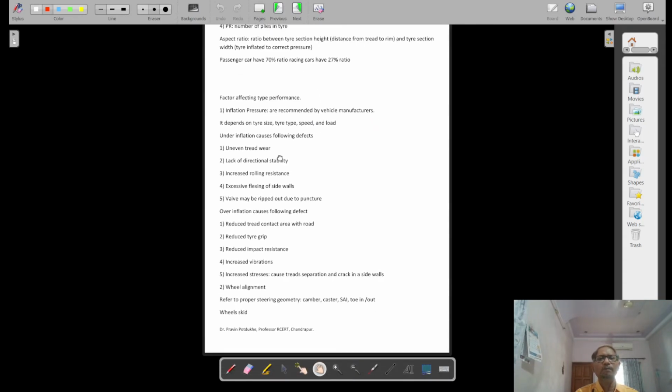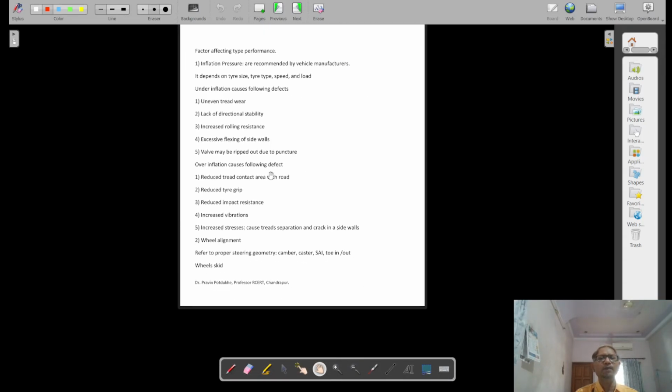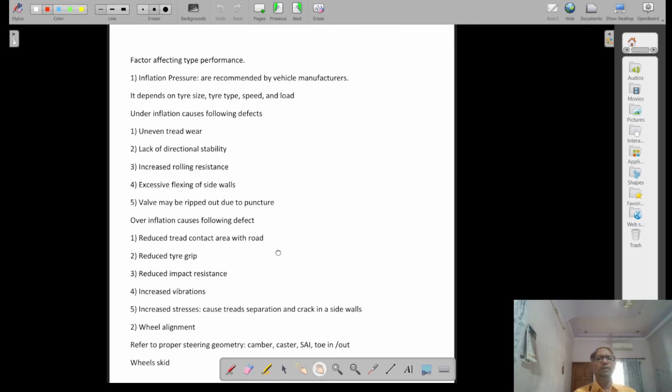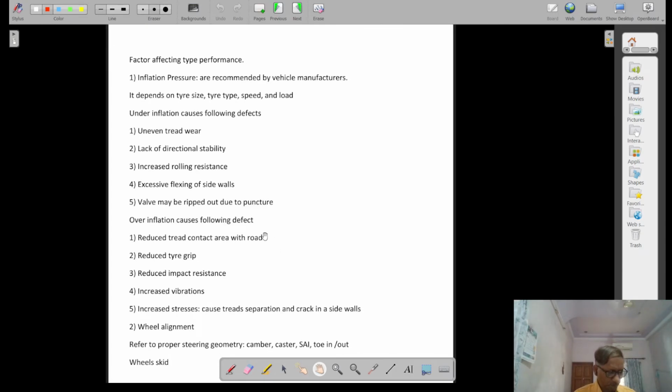Then let us look at the factors which affect tire performance. First is the inflation pressure. Generally you need to use the inflation pressure as mentioned by the vehicle manufacturer.